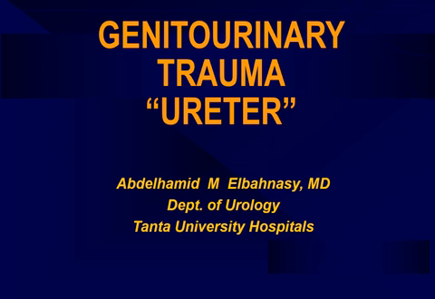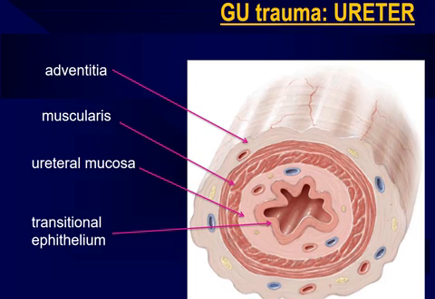Now, talking about the ureter and ureteral trauma. As you all know, the ureter is not just a tube, it's a physiological conductive system between the renal pelvis and the urinary bladder, and it consists anatomically of different layers.